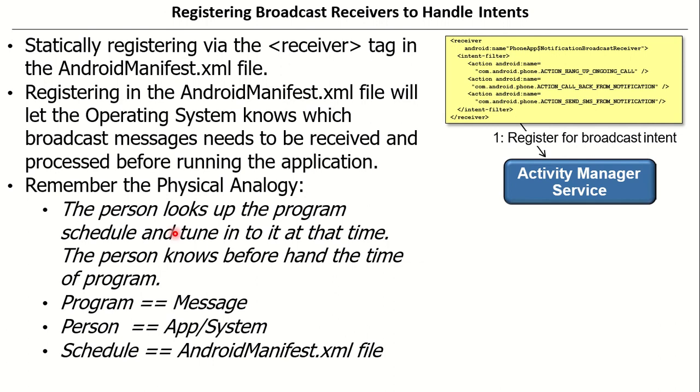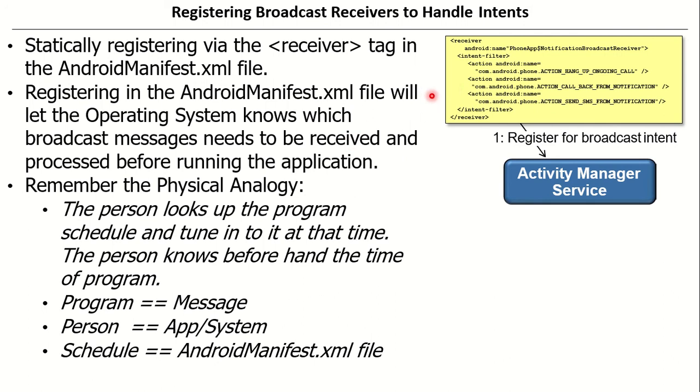If you look at the physical analogy, it is similar to a person looking up the program schedule and tuning into that program at that time. The person knows the time of the program beforehand. Similarly, before running the Android code, the operating system knows that this intent is for this particular receiver.